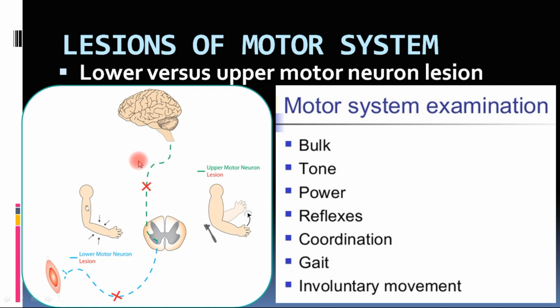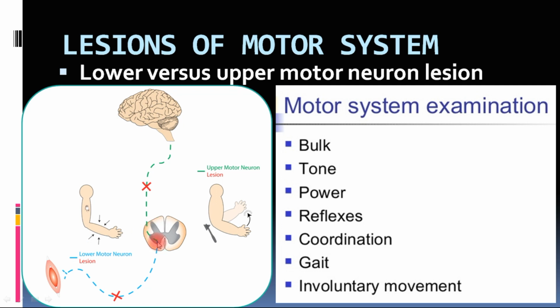Now if there is a lesion or a transection from the cortex till its synapse to the final common pathway, or alpha motor neuron, in the spinal cord, if there is damage in this descending pathway anywhere from the cortex to the synapse, it will be called an upper motor neuron lesion of that particular muscle.